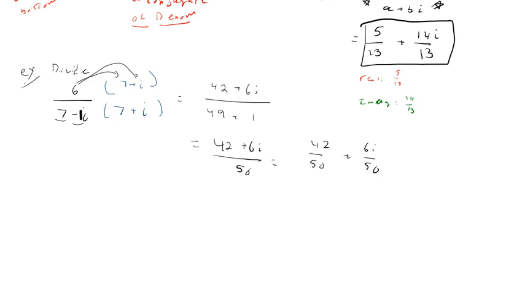I can divide both by 2, the 42 and the 50, right? This can become 25, this can become 21. 6 and 50, I can reduce that to 25, and that's a 3. So really, my final answer should be 21 over 25 plus 3i over 25. And this is my final answer there.